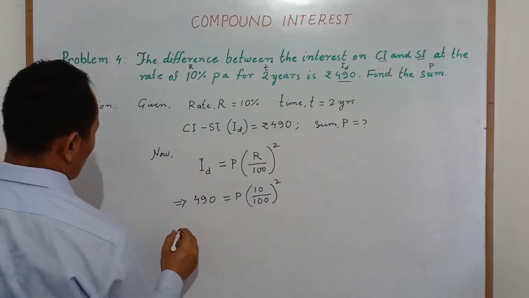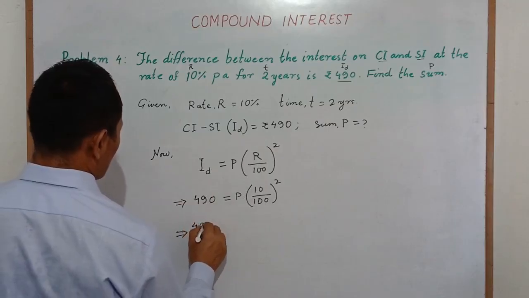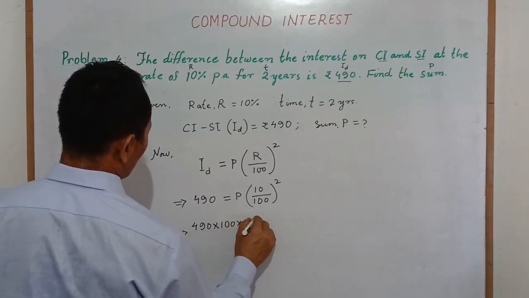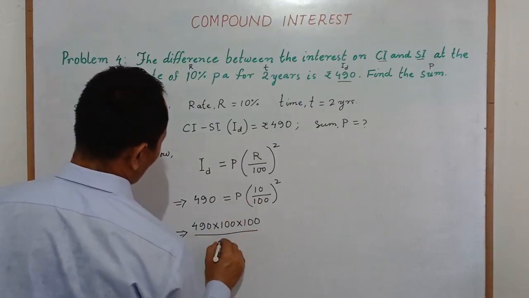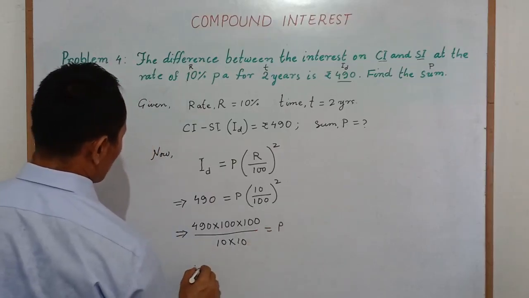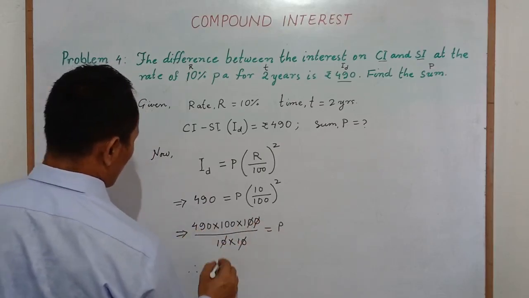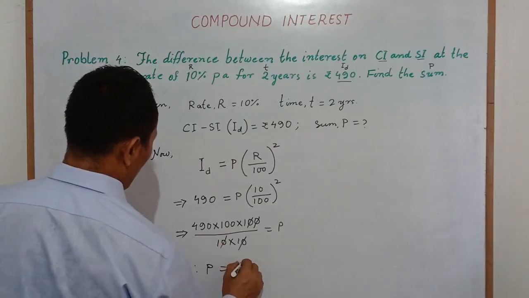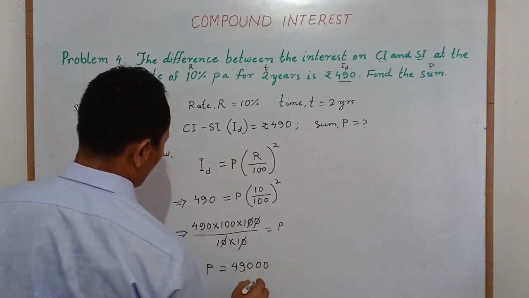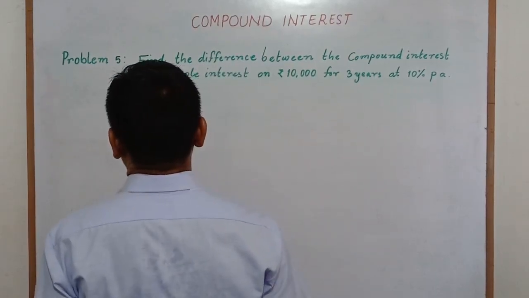Transferring, 490 into 100 into 100 multiplied, divided by 10 into 10, equal to P. Therefore P is equal to 49,000. So the principal is 49,000.